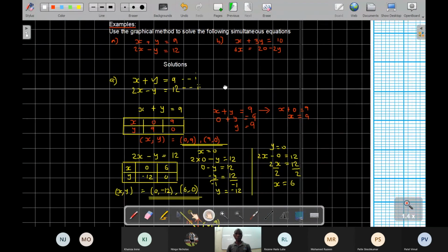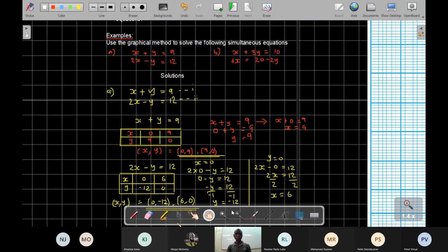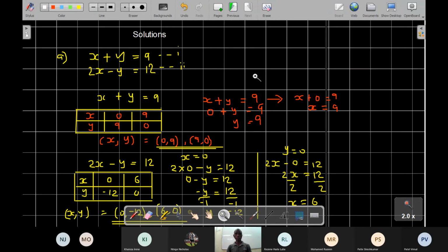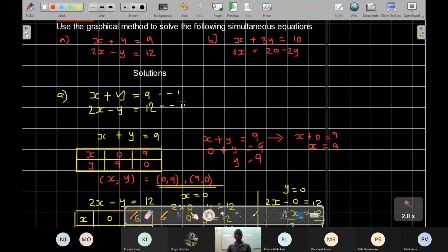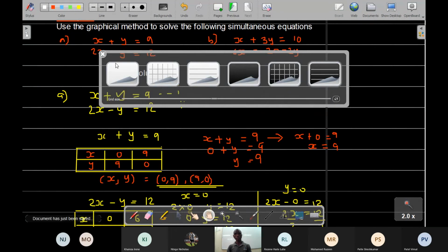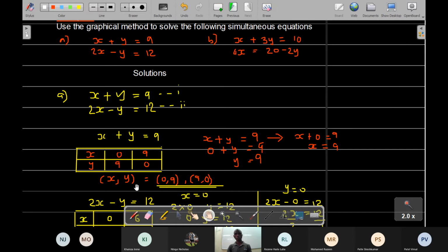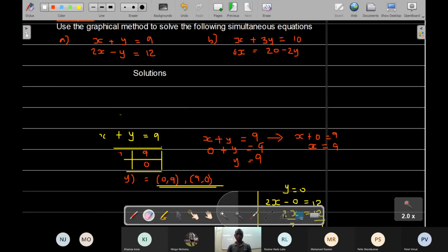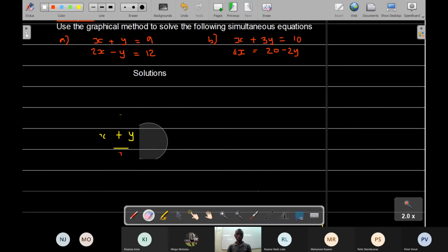Now maybe I can take you to B, because B we have there. Let me try to adjust the background like that. So let me take you to B.